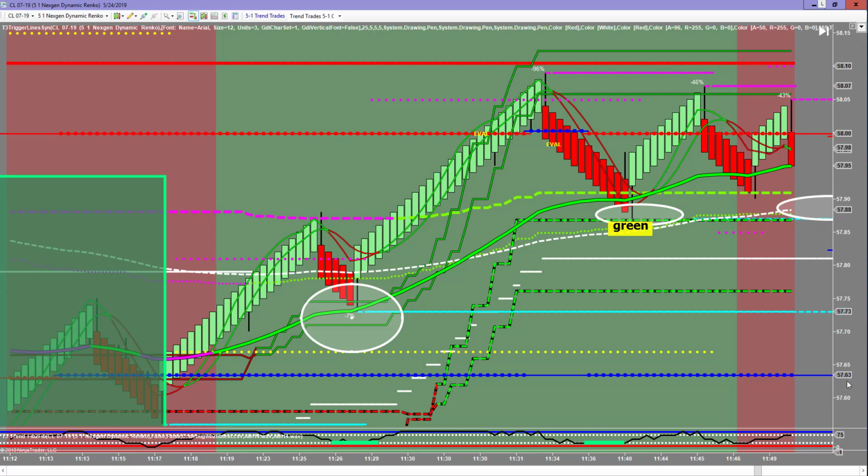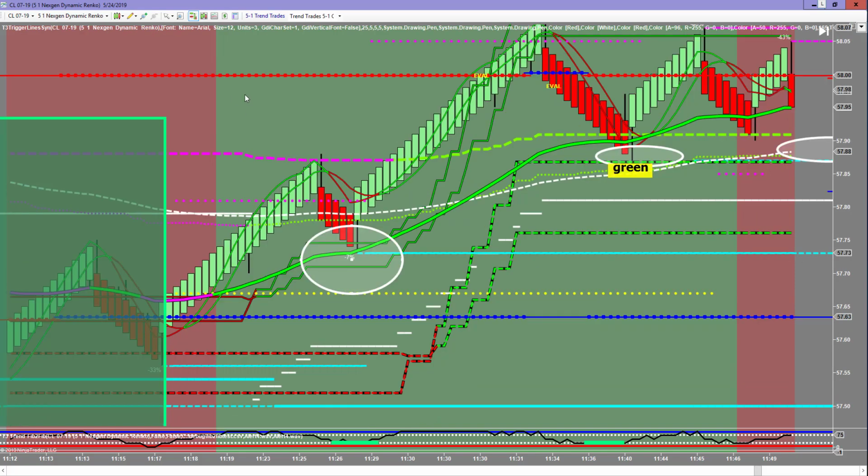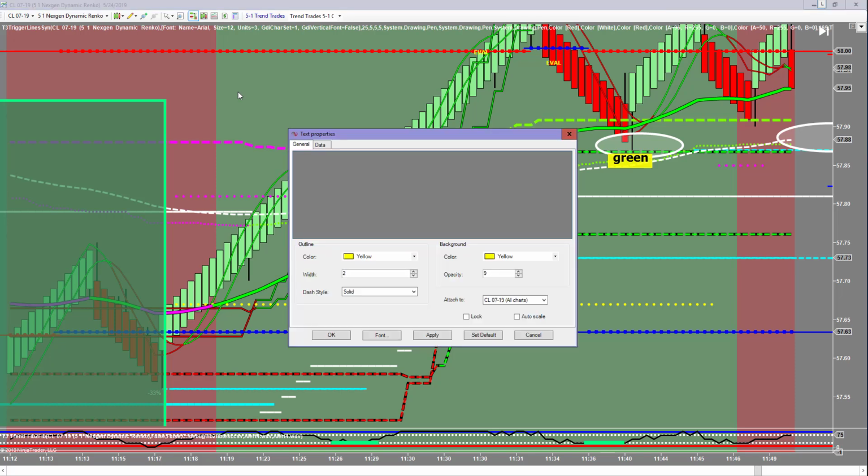So again, the rules for a 5-1 trend trade are pretty simple. I'll write them one time on here, but look, 14-2 triggers favorable. 8-2 triggers favorable. 5-1 chart pullback to, you know what it is, mid bands, fibs, 1-to-1s, the little yellow dots, and the fib to fib oscillator in the lower 25 or upper 25%, right?